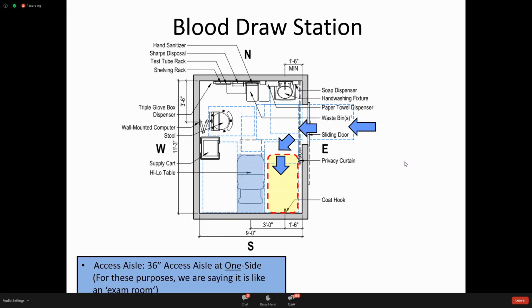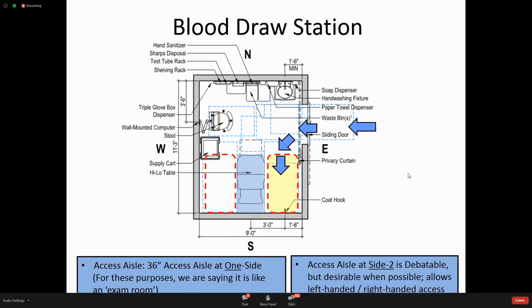You may or may not win that argument. So our standard design is to have room in the layout so that we have an aisle on both sides.